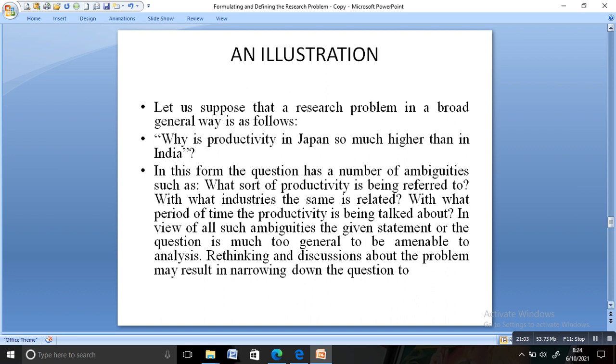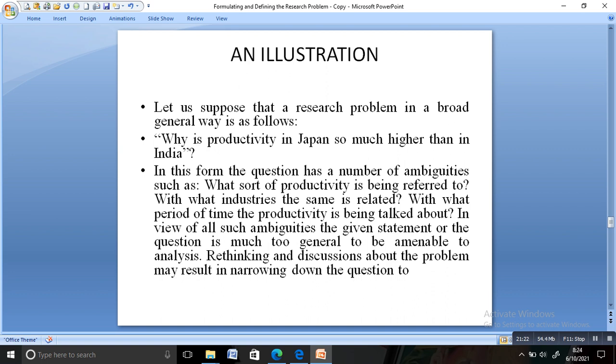And here the example is why productivity in Japan is so much higher than in India. So they have given a research problem in a general way. What is the general way of the research problem? Why productivity in Japan is higher than in India.